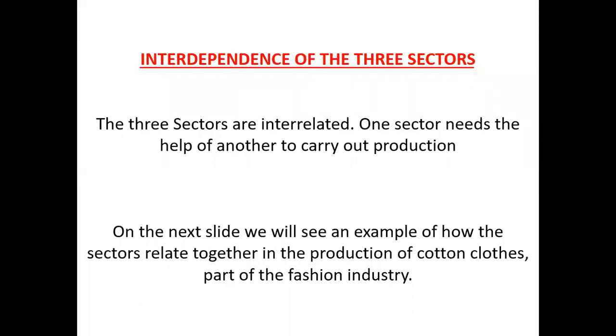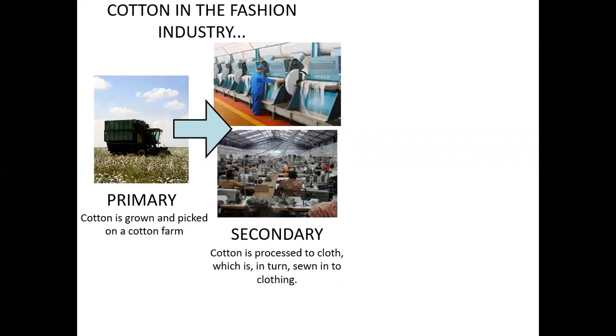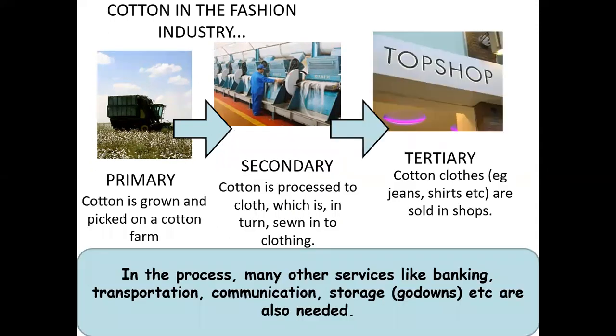We'll see another example of how the sectors are related together in the production of cotton cloth, which is a part of the fashion industry. Over there we have the primary sector, that is, cotton is grown and picked on a cotton farm. Secondary will be when the cotton is processed to cloth, which is in turn sewn into clothing.